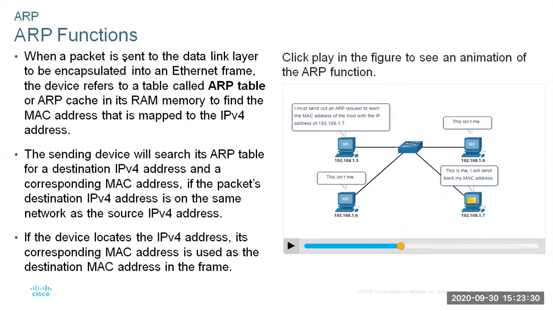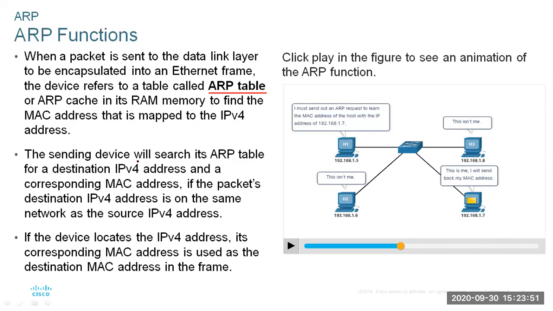It says when a packet is sent to the data link layer to be encapsulated into an Ethernet frame, the device refers to a table called the ARP table, or the ARP cache in memory, to find the MAC address that is mapped to the IP version 4 address.